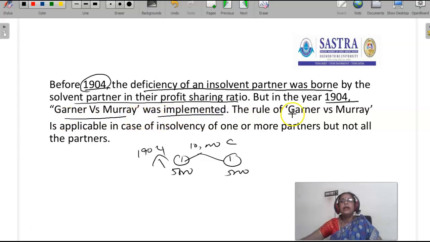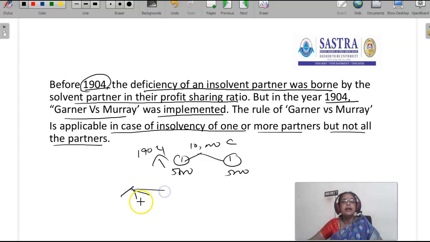But in the year 1904, Gardner versus Murray was implemented. The rule of Gardner versus Murray is applicable in case of insolvency of one or more partners, but not all the partners. That means there may be 4 partners in the firm, A, B, C, D. If 2 partners become insolvent, this rule can be applicable.